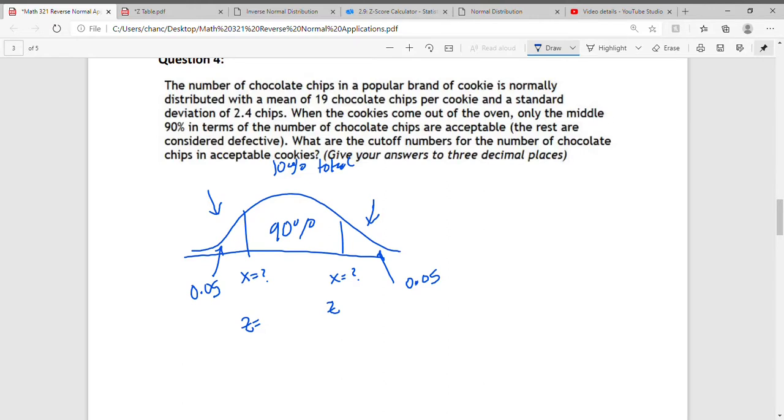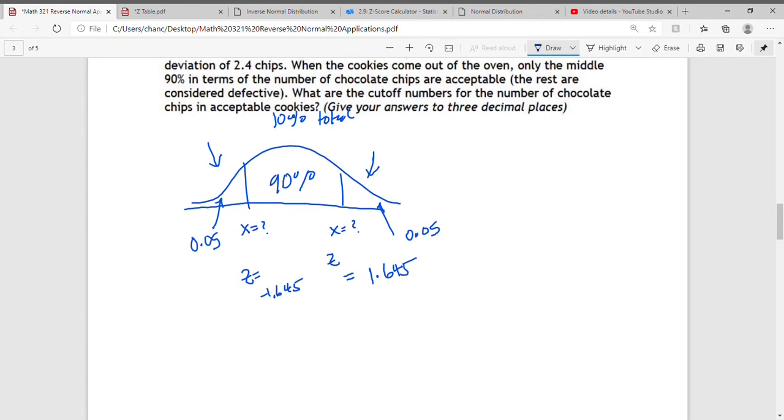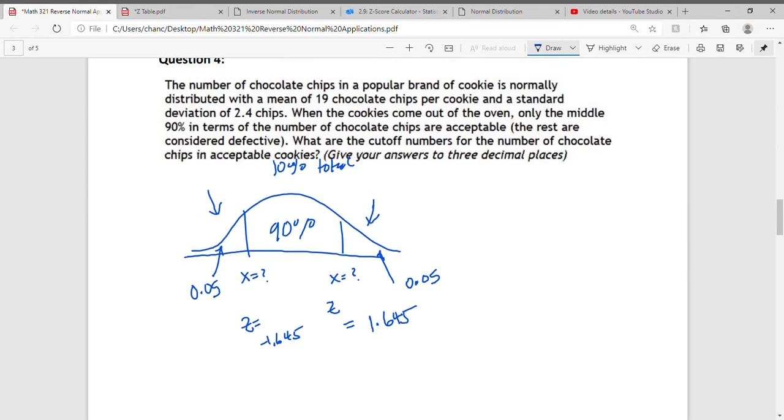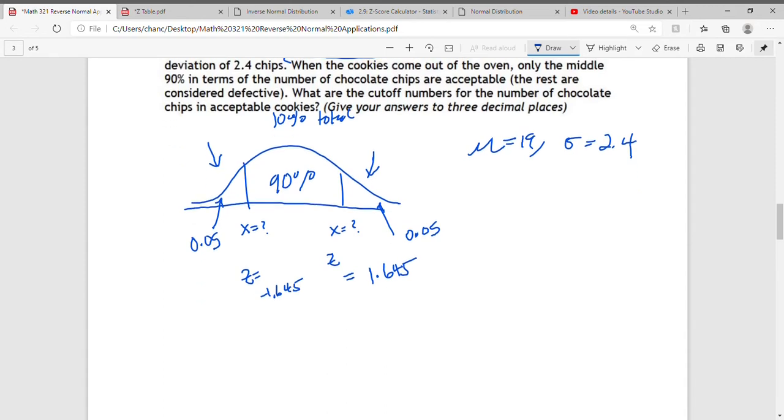So we'll use negative 1.645 for the first Z-score, and by symmetry, I'm going to use positive 1.645. Now let's look for our mean. We know the mean is 19, and we know the standard deviation sigma is 2.4. So now we can plug it into the formula and solve for x.